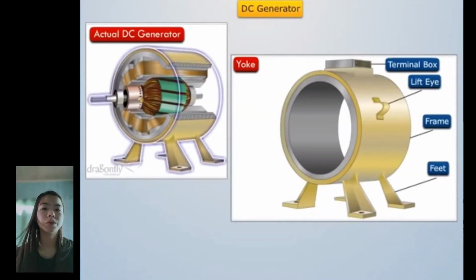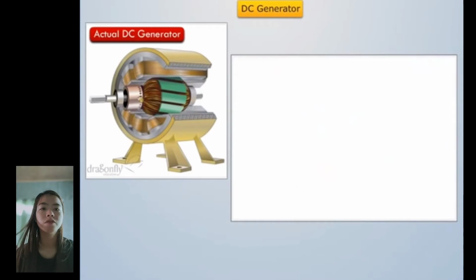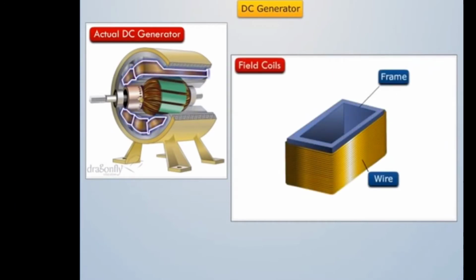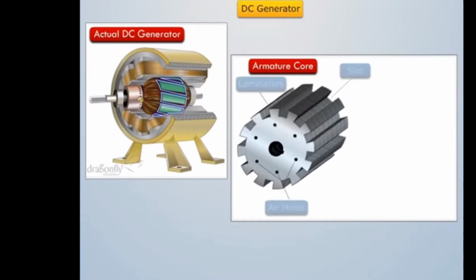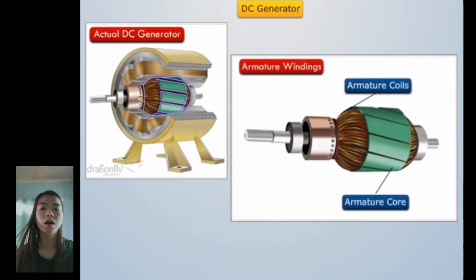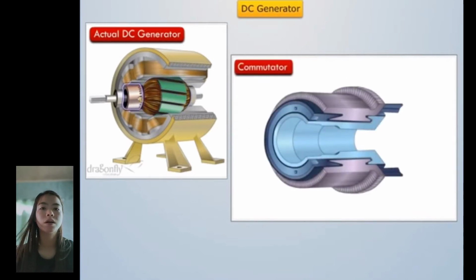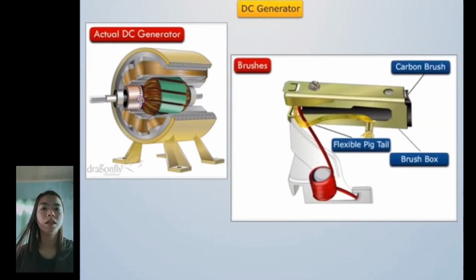DC generator consists of magnetic frame or yoke, the pole core, field coils, armature core, armature windings, commutator, brushes, and the bearings.